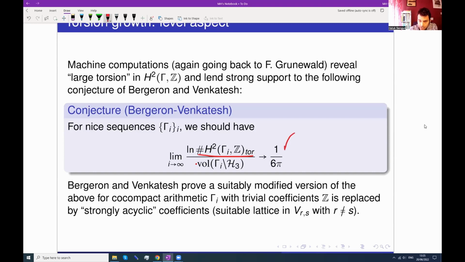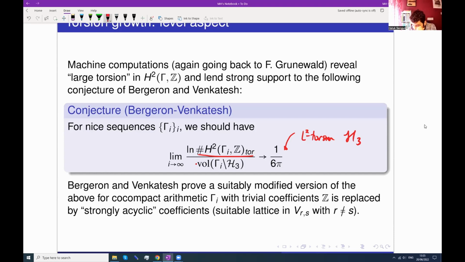This 1/6 pi is related to the so-called L2 torsion of the hyperbolic free space, the ambient real Lie group behind. So this is the conjecture of Bergeron-Venkatesh.